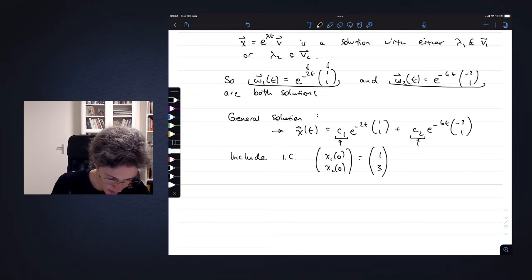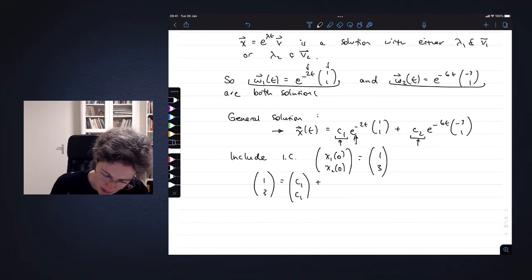So we should get that 1, 3 is equal to c1, because this term will be equal to 1, so it's c1 multiplying 1, 1, plus c2 times minus 3, 1.